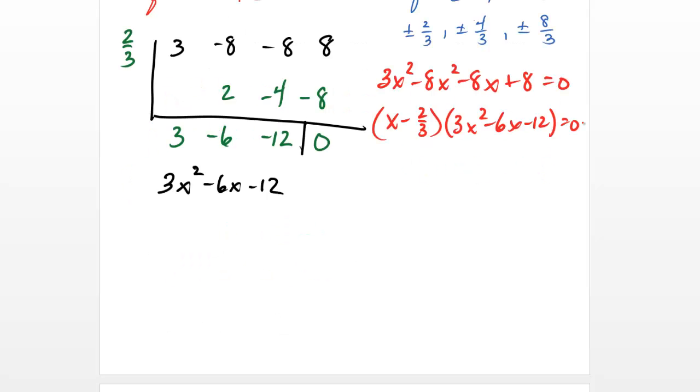Here we are, we've pulled out our linear factor and we have a quadratic. You can see that there's a common 3 in here, and I'm going to pull that 3 out and distribute it to the x minus 2/3.